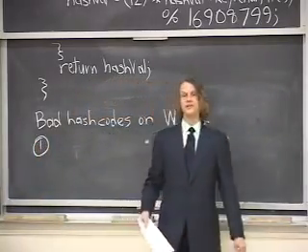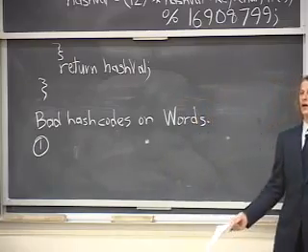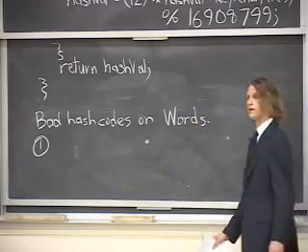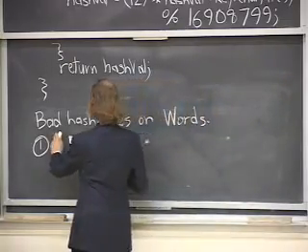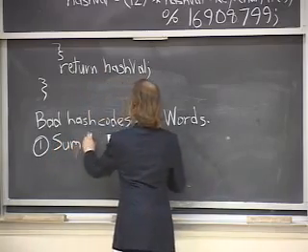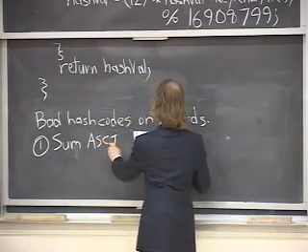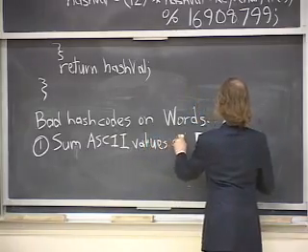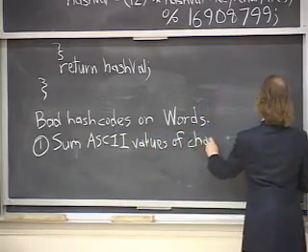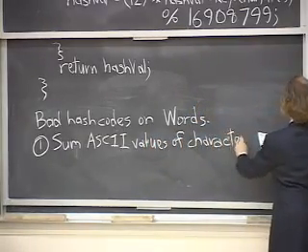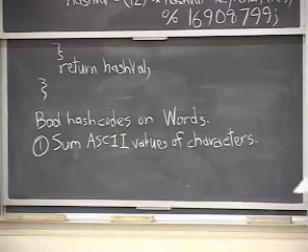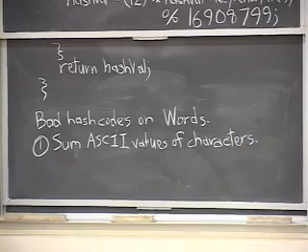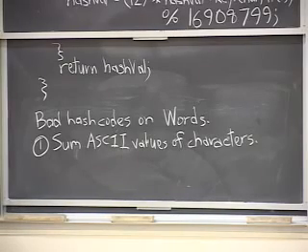So what's one of the simplest ways you could convert a string to a number? You could just add up the letters. So I could convert all the characters to ASCII or Unicode or whatever and add them all up. So you do get a number that way, but here's what's wrong with it. Words tend to be short.